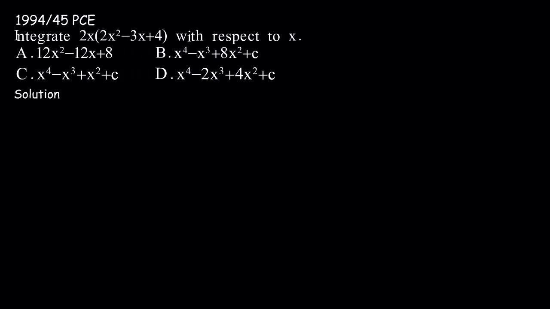Our next question is from 1994, and it states that integrate 2s in bracket 2s squared minus 3s plus 4 with respect to s, and we are given the options. Now the very first thing we are going to do, we will simplify the function by opening up the bracket.